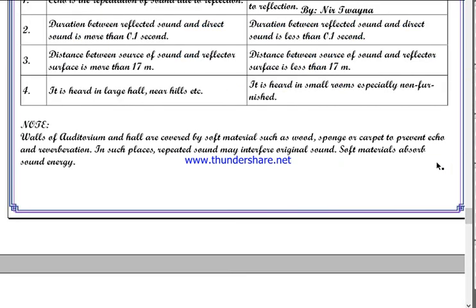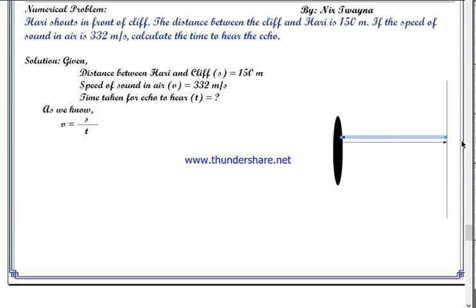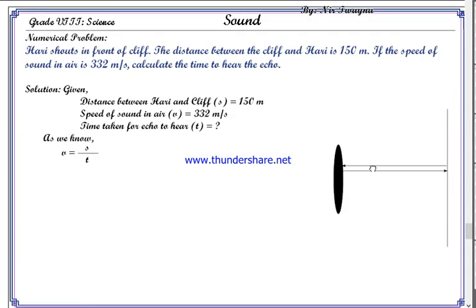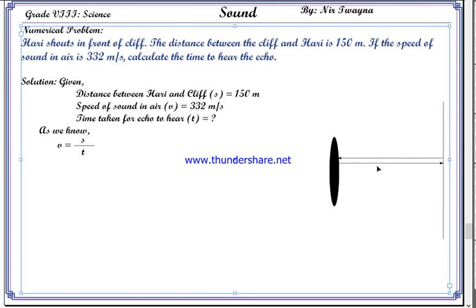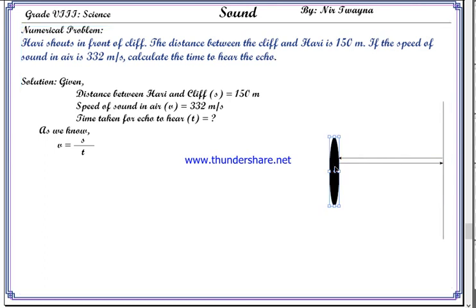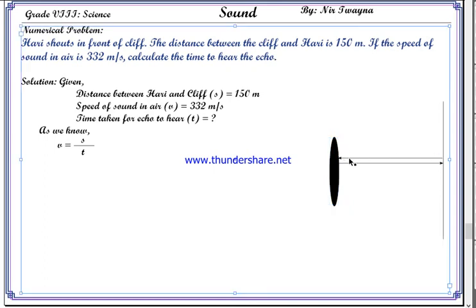Covering the same distance once again. So what I meant is, for echo to be heard, sound has to travel twice the distance. Understood? Because for echo to be heard, sound has to travel from boy to the wall and then again from wall to the boy. See, the sound has to travel 2 times.